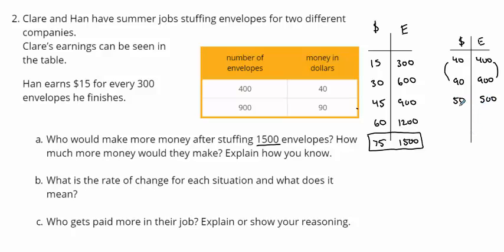Okay, now I can see, if I just go up by 500s now, 1,000 envelopes, she's going to make $50 more, right? So if I go up by 500, this is going to go up by 50. So now she has $100.